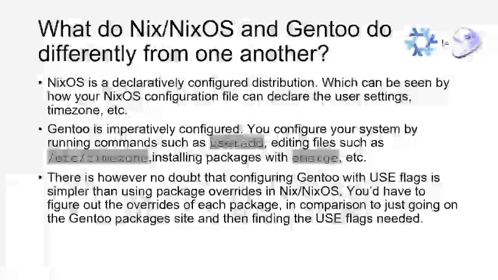Gentoo with use flags is definitely simpler than trying to use package overrides in NixOS or Nix, because you have to figure out what overrides exist in a package. Sometimes it doesn't even have any at all, and you have to create your own package that has those overrides. With Gentoo, you could just go to the packages part of the Gentoo site, look at the use flag section, see what it does, and then set them accordingly.